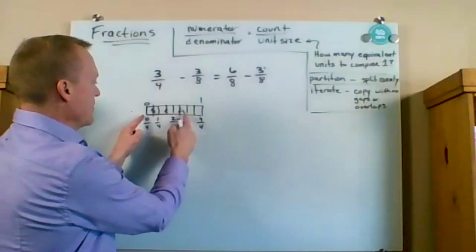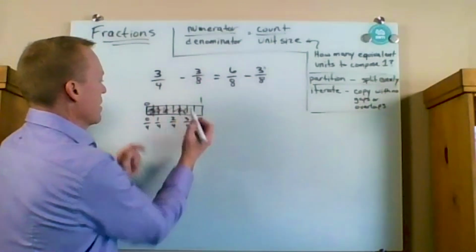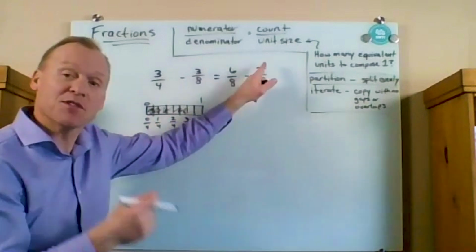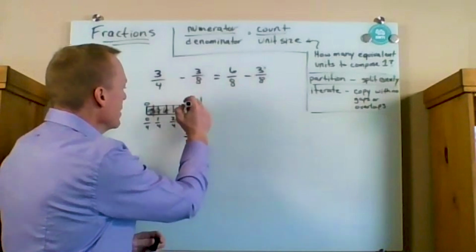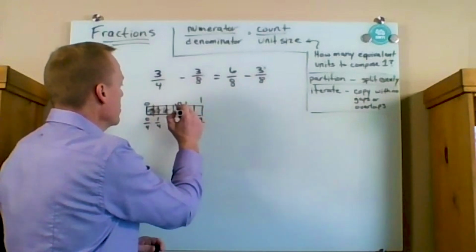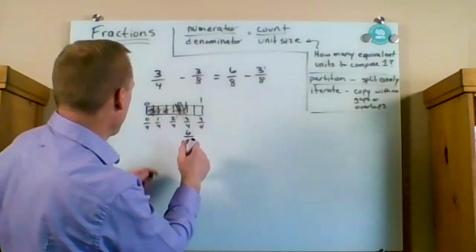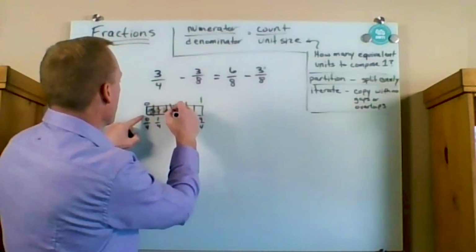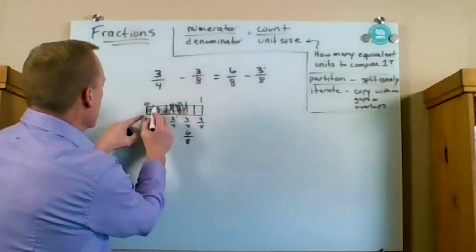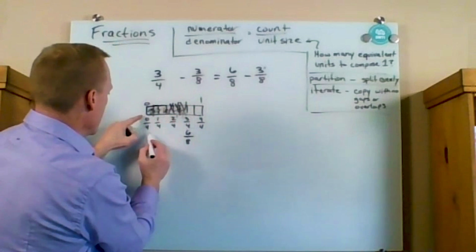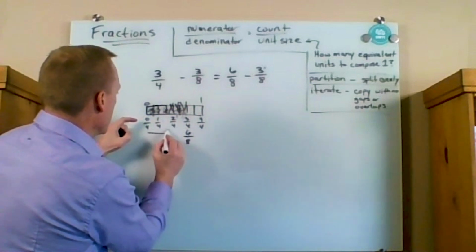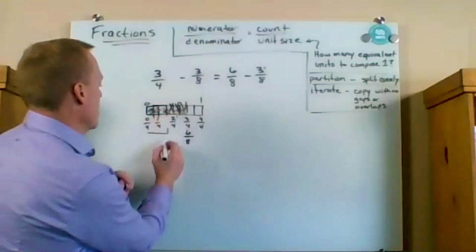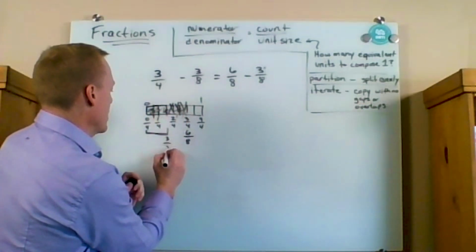Now that I already have the 6/8 here, they're in the same size unit, so now I can subtract them. I'm going to subtract the 3 1/8 units. Get rid of those, 1, 2, 3. And that is going to leave me right here with this amount, which I'll make a little more clear: 1/8, 2/8, 3/8.